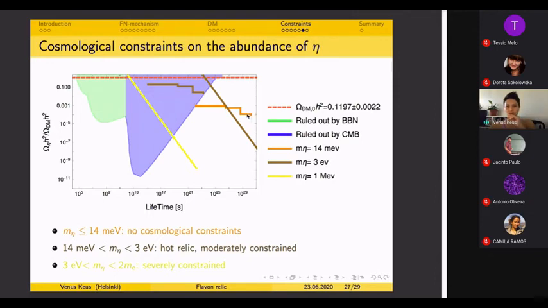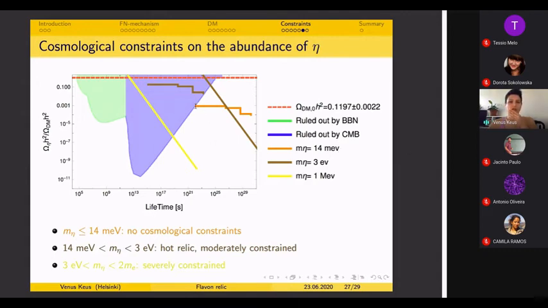So this orange line corresponds to an eta mass of 14 meV, so milli electron volt. What this basically means is that for a dark matter of such mass, which is quite light, it doesn't decay too much.